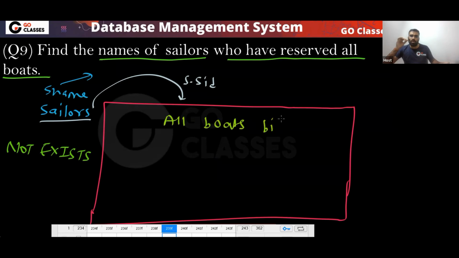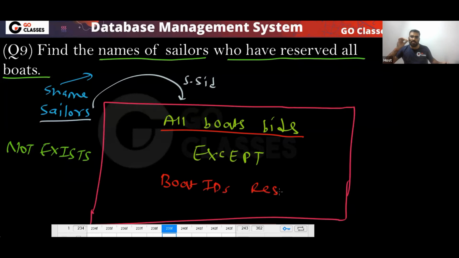So you find all boat BIDs, minus, you can put except. From this, you remove the boat IDs reserved by SID.